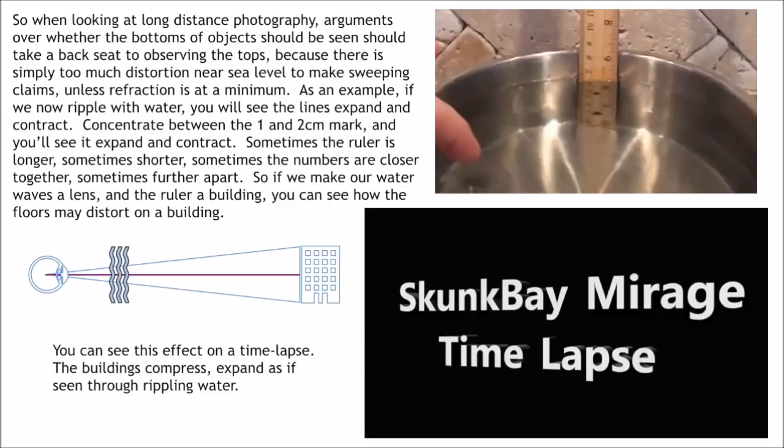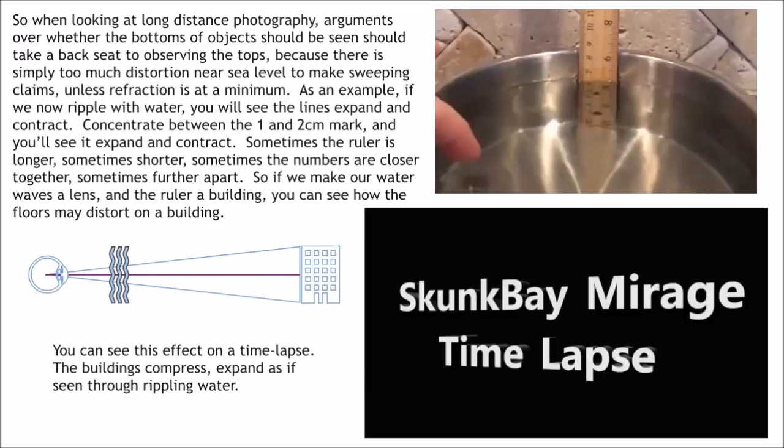As an example, if we now ripple some water with a ruler in it, you'll see the lines of the ruler expand and contract. Concentrate between the 1 and 2 centimeter marks, and you'll see it expand and contract. So sometimes the ruler is longer, sometimes it's shorter, sometimes the numbers are closer together, and sometimes they're further apart.